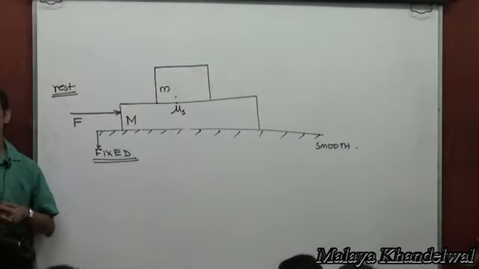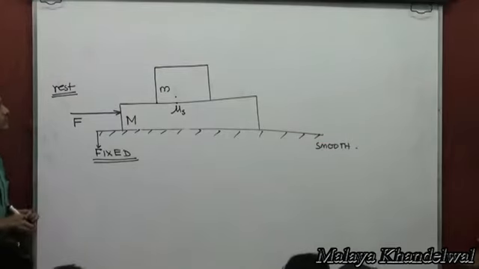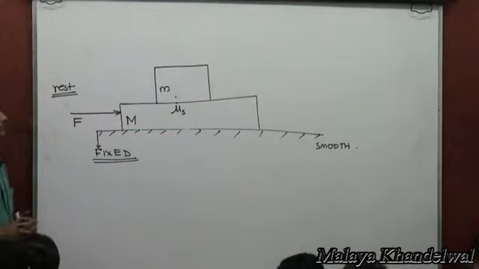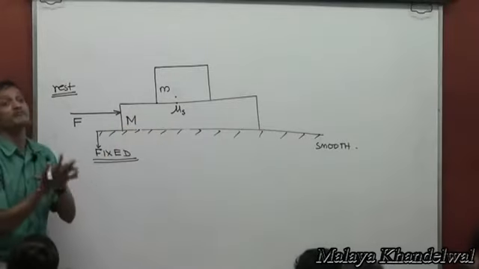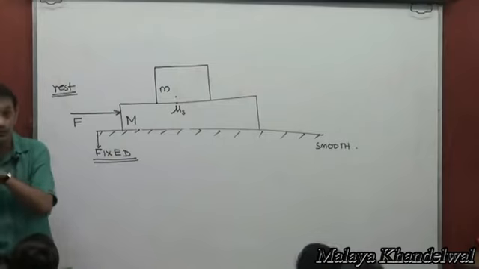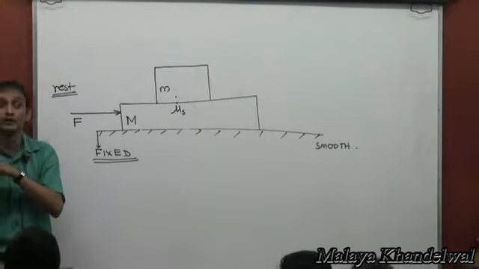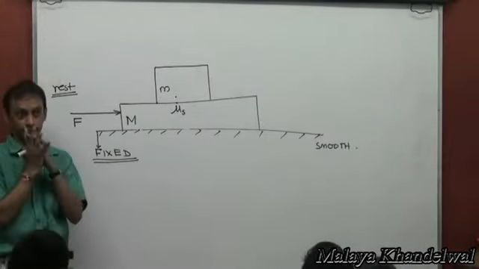Right? Now, how would I know whether small m and capital M have relative motion between the two? Whether capital M and small m at all have relative motion or not?